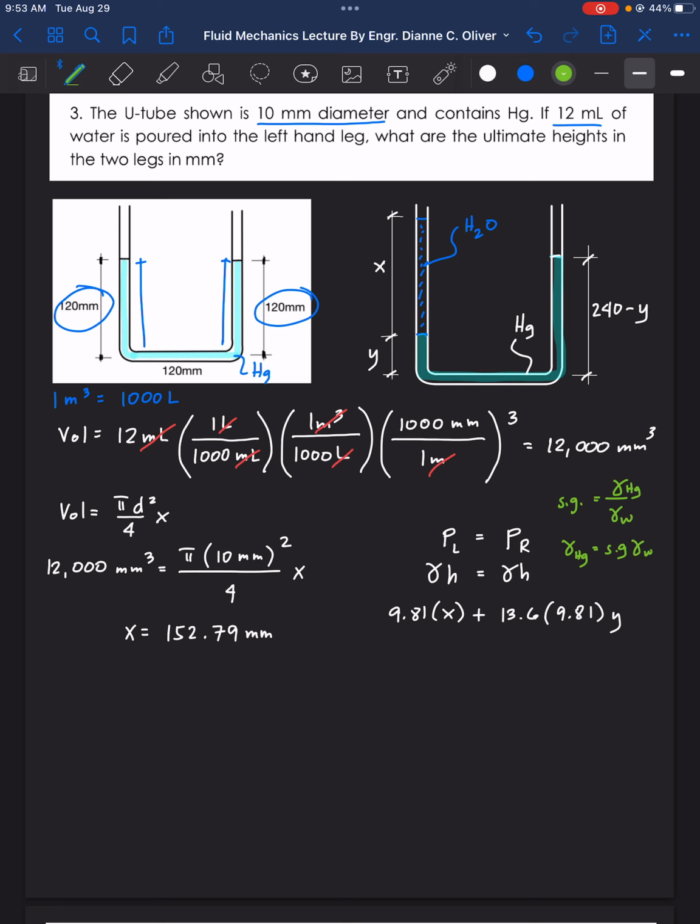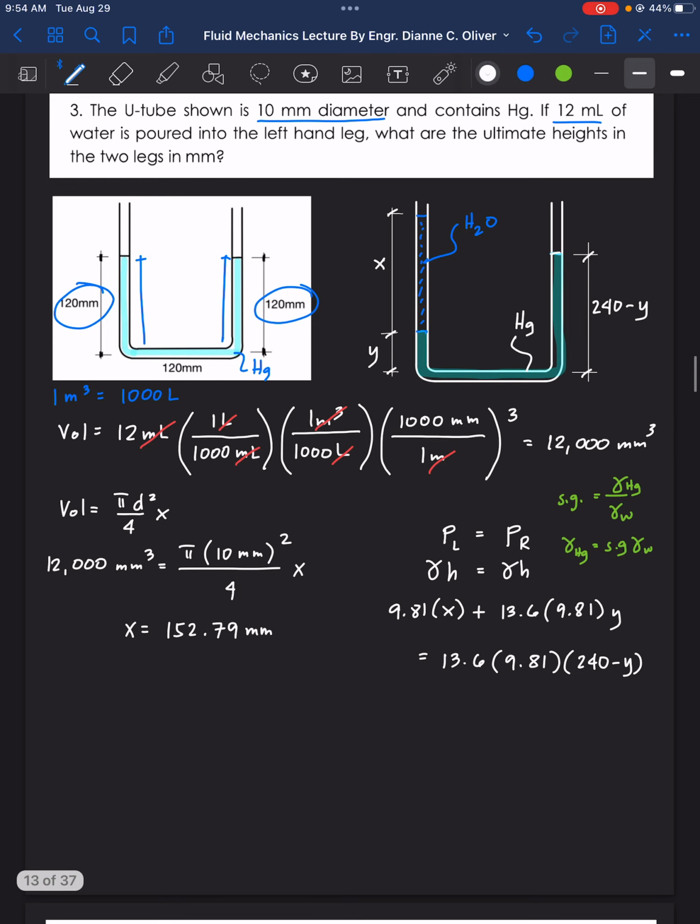The Sg of mercury is 13.6, and the gamma for water is 9.81. Next, we go to the right side, the pressure at the right. We're dealing with mercury again, so that is 13.6 times the standard gamma for water, times the height. The height here is 240 minus y.